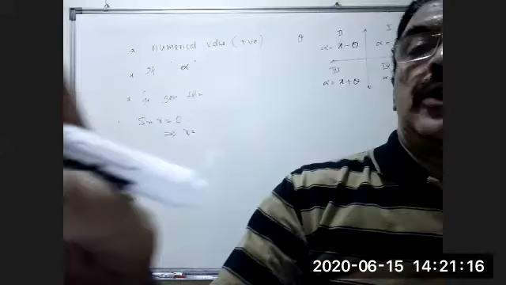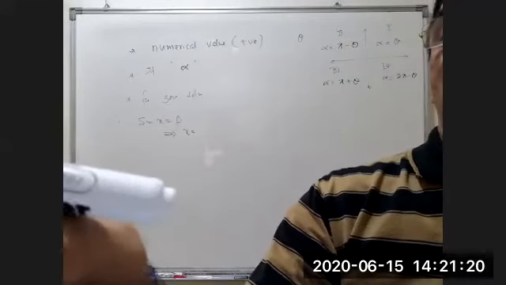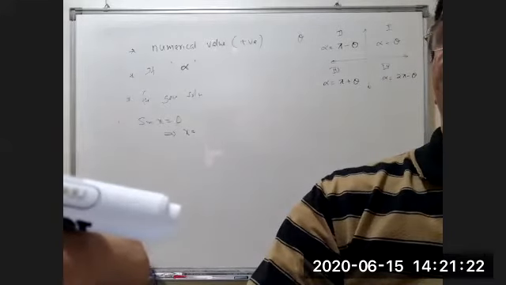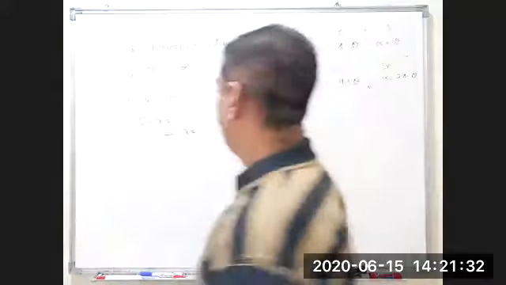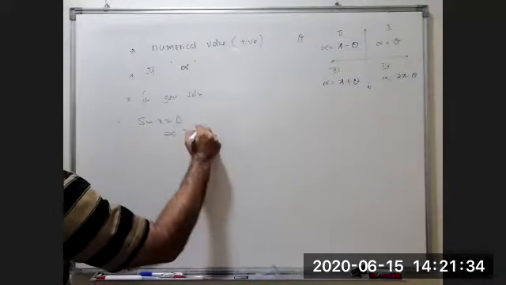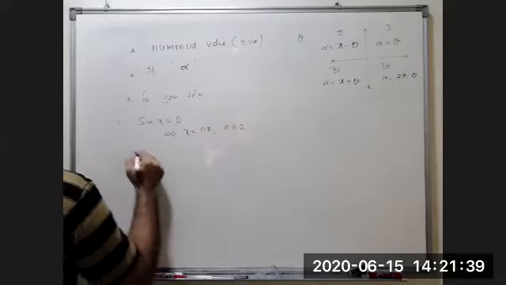No, not 0. No, n pi. Yes, n pi. If sin x equals 0, x is equal to n pi, where n belongs to Z.